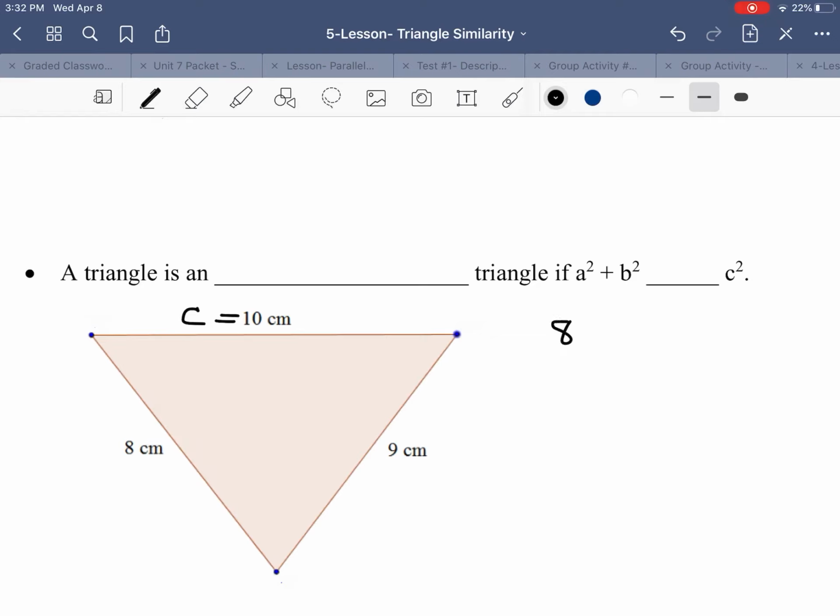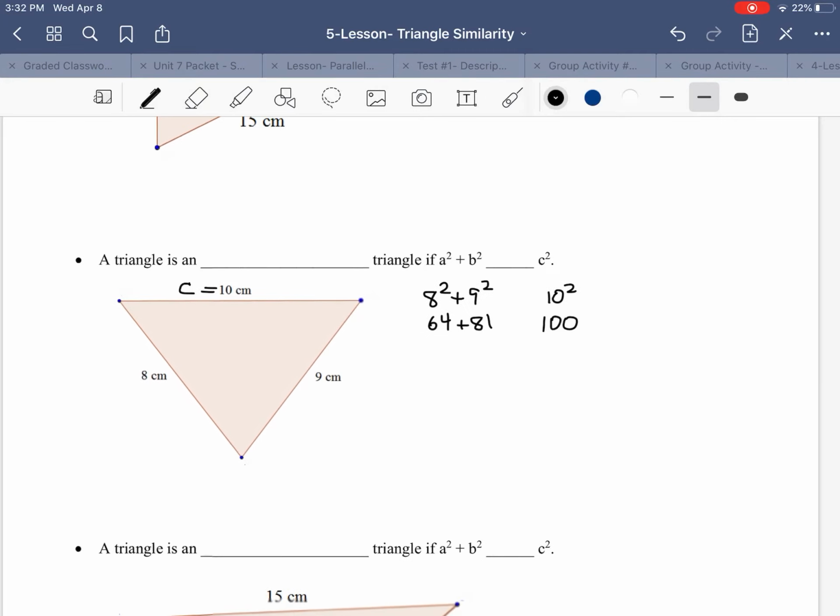All right, so let's take a look at the relationship here. We should have 8 squared plus 9 squared, and C squared should be 10 squared. Pen's dying. All right, so we have 64 plus 81. Just double checking. C squared is going to be 100.